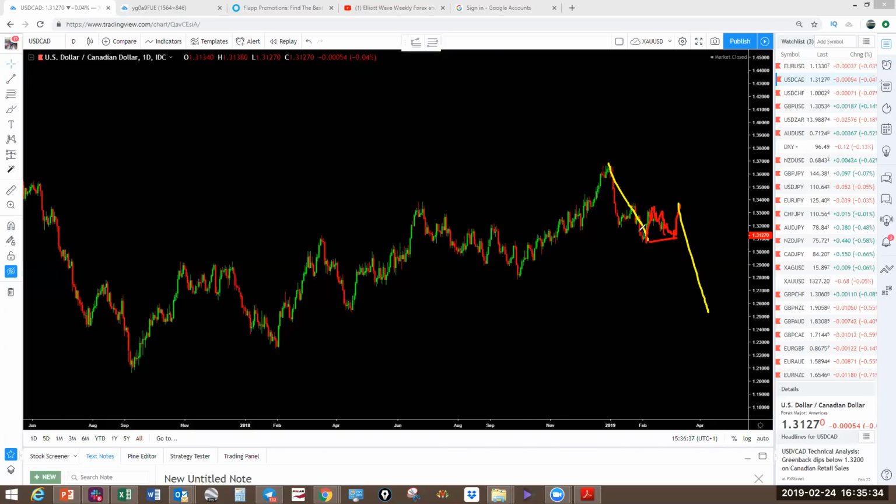Okay, then it will make structural sense. We are now coming down with this move. It's looking corrective. I doubt that it will break this level, because if it breaks this level, then it invalidates the wave principle, and we're going to have to relook at the structure and how this is playing out. All right. So let's see how this one goes.